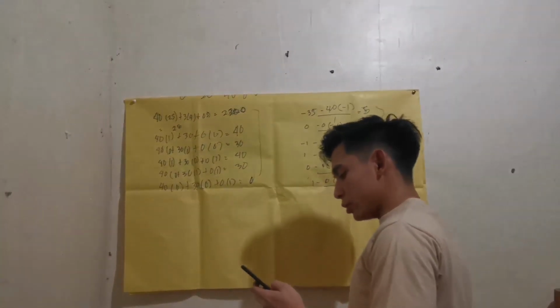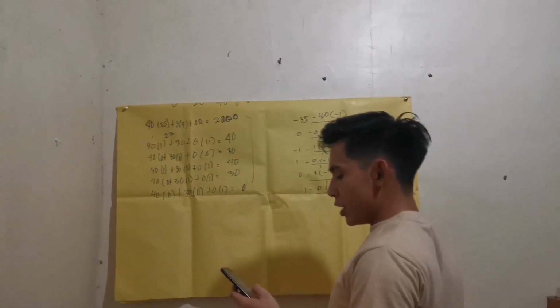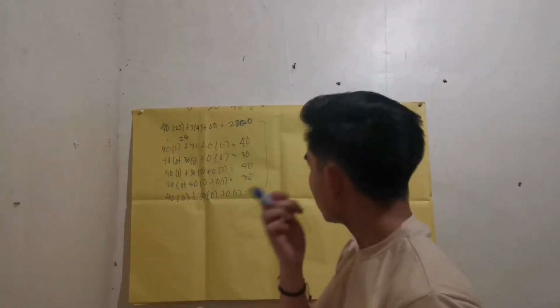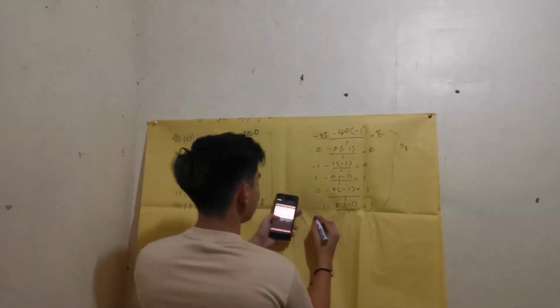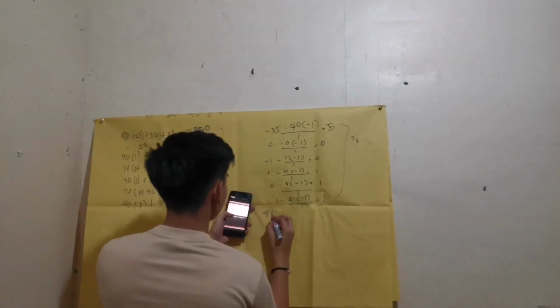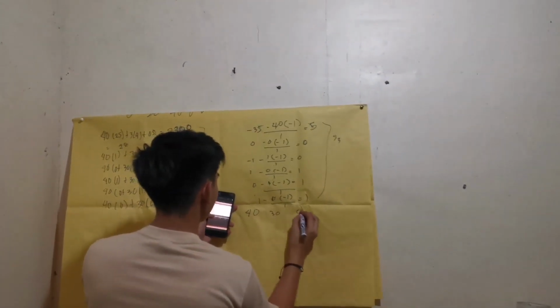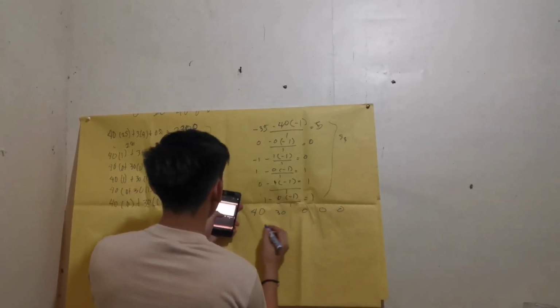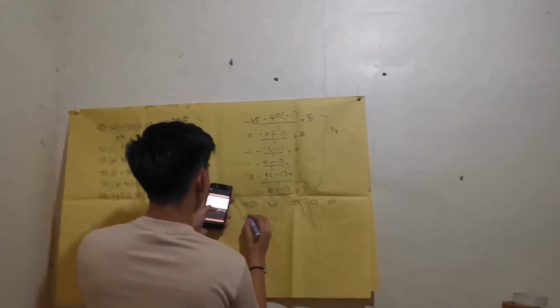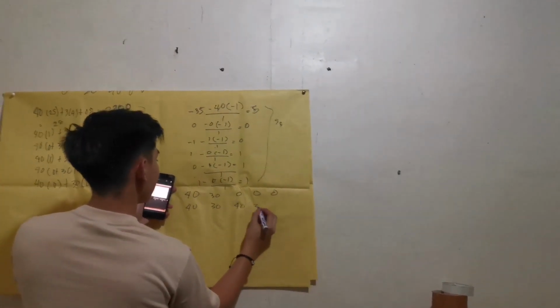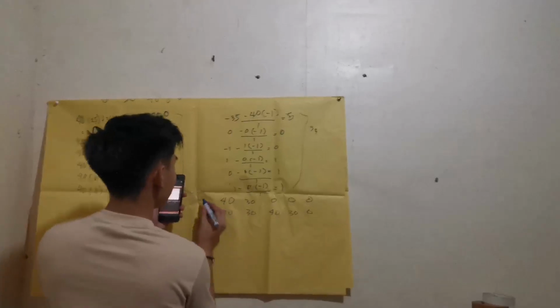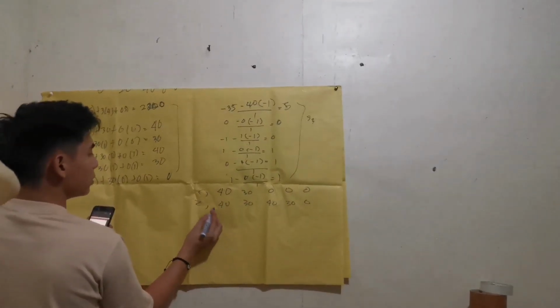So, para makuha ulit yung C sub j minus Z sub j, i-minus lang natin yung C sub j values natin. Ito yung C sub j natin and Z sub j.